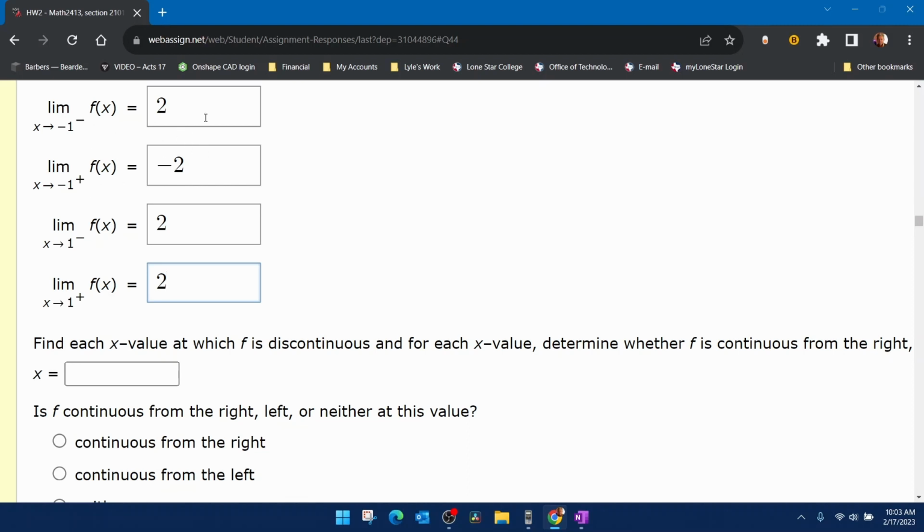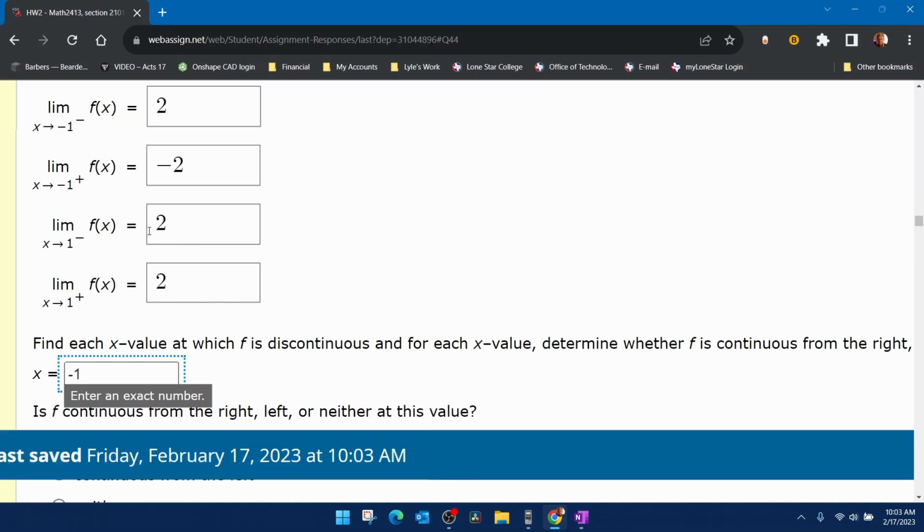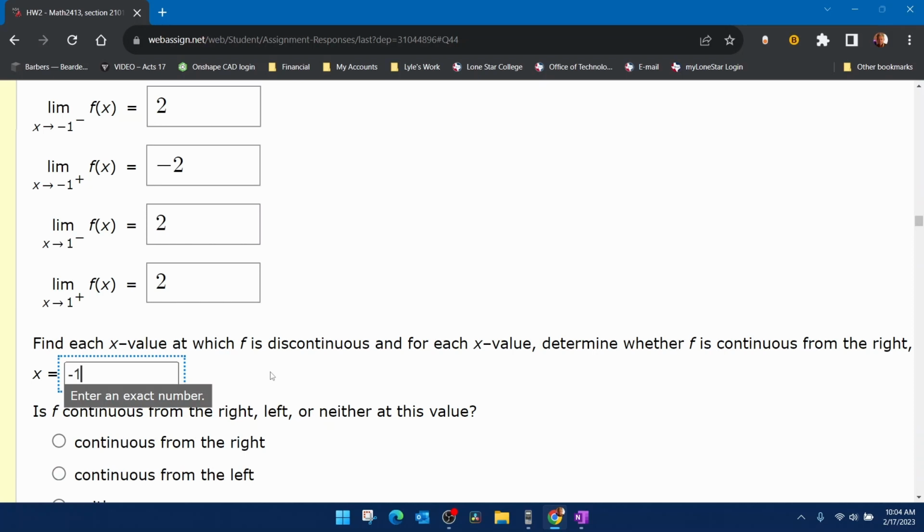And if those are not the same, then we're going to have a discontinuity at -1. So we can input -1. That's going to be one of our x's where f is discontinuous. But the limit as x approaches 1 from the left and the right is the same. And so that would not be a point of discontinuity.